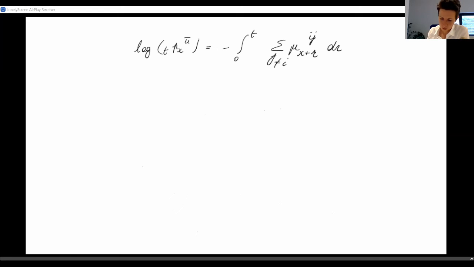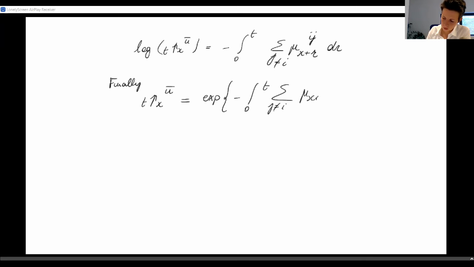So putting it all together, I've got my final expression for the probability to stay in a certain state as the exponential of minus the integral of what we call the total force of decrement. That's the sum of all the transition intensities that are applicable to state I. And this one is a very important one.